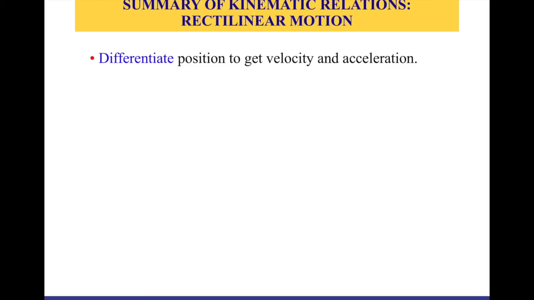Now, a quick summary of the kinematic relations of rectilinear motion. Differentiation is very important, and also integration. Starting with differentiation, we differentiate position to get velocity, and we differentiate velocity to get acceleration. Velocity is the derivative of position, acceleration is the derivative of velocity, and we also have a equals v dv ds.